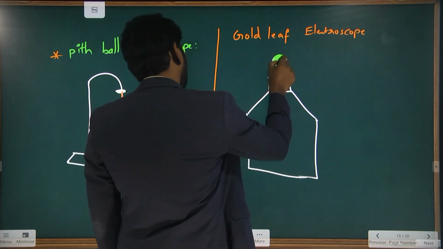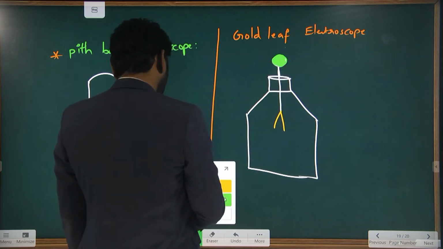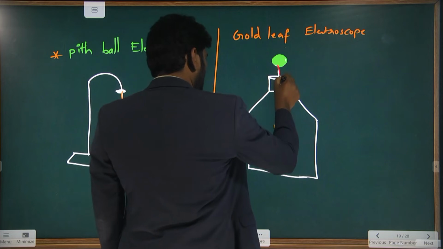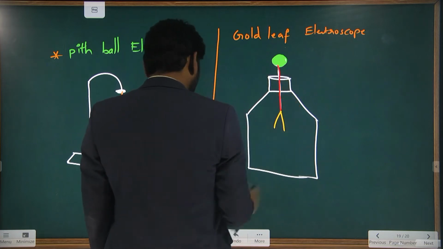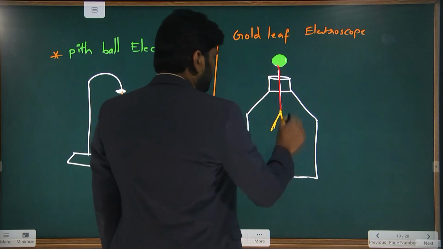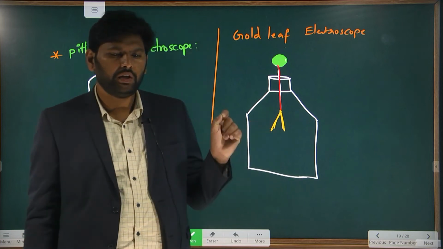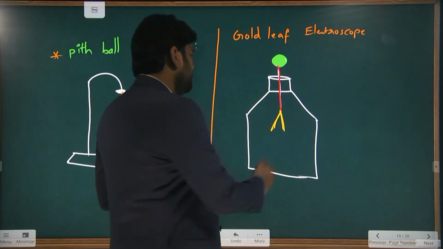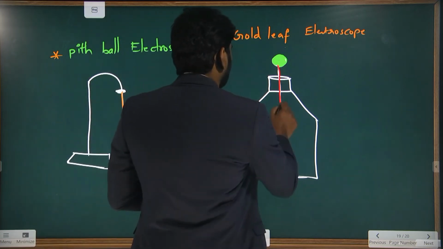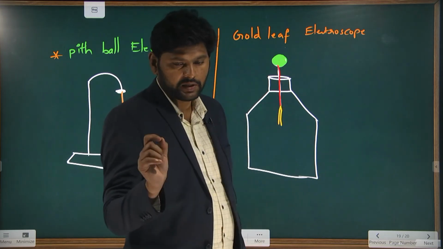So this is the metal sphere we have here, and this is a conducting rod, and the rod is connected to gold leaves. Very thin gold leaves we have. Initially the gold leaves are side by side.